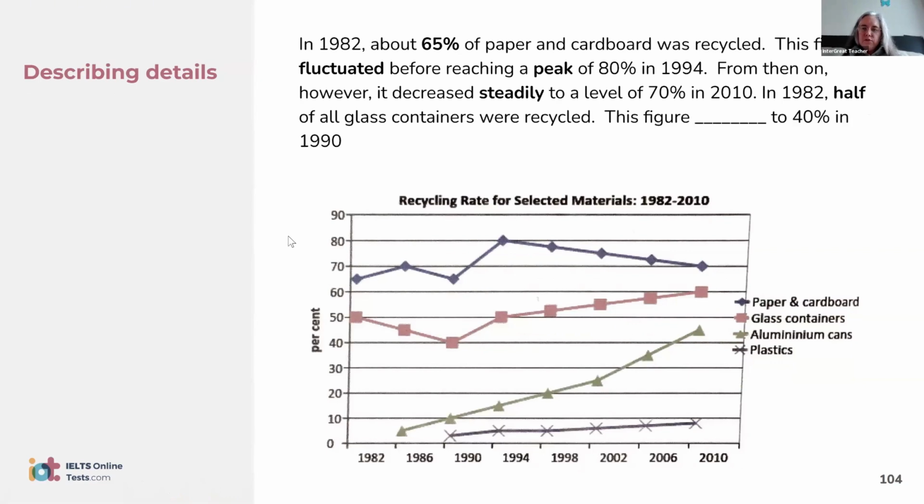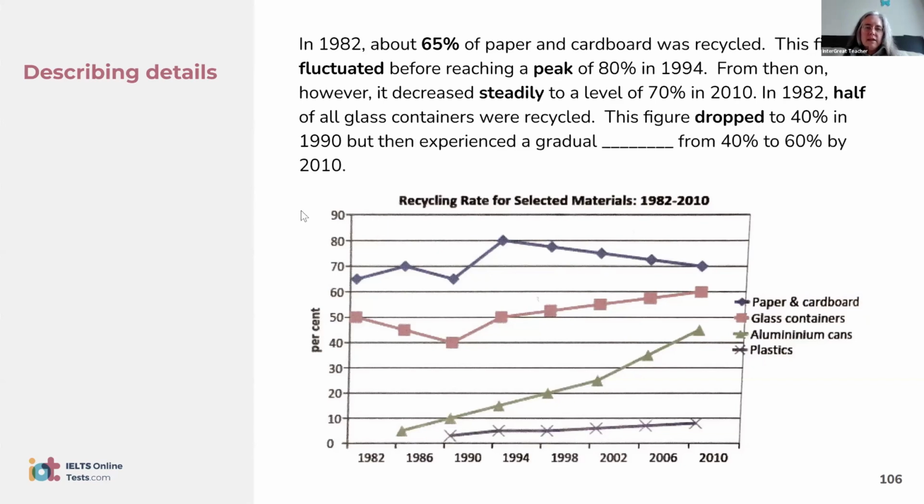This figure to 40% in 1990. What could go here? Yeah, this figure fell. This figure decreased. Yeah, those are all nice suggestions. Okay, and I think somebody also suggested what we've got here too, which is dropped.